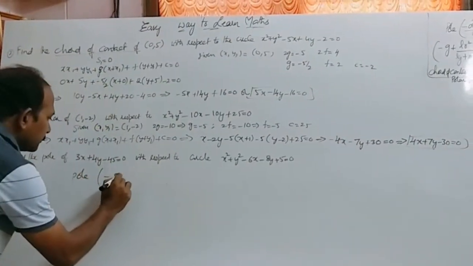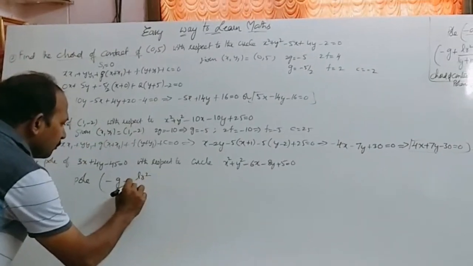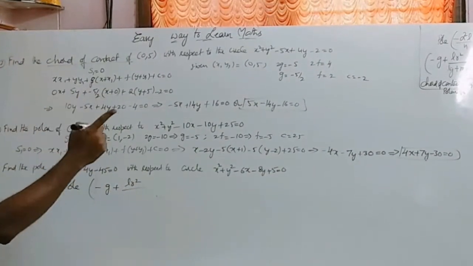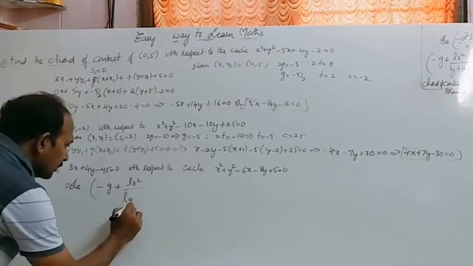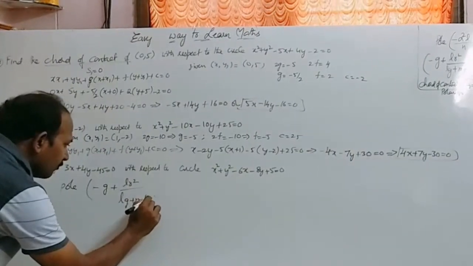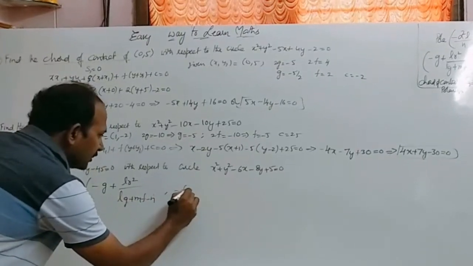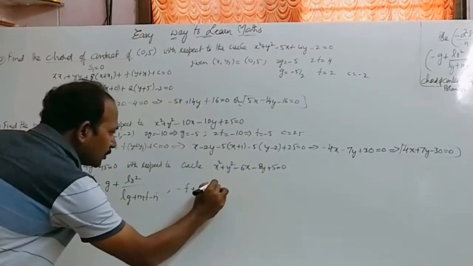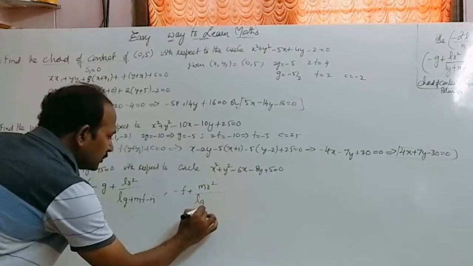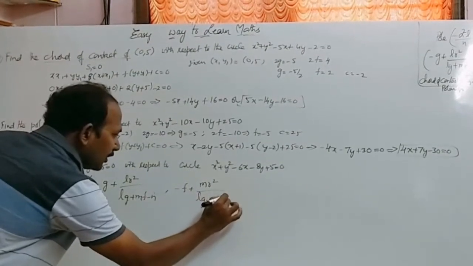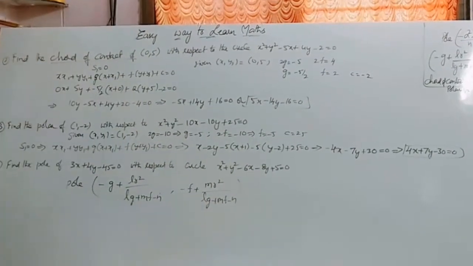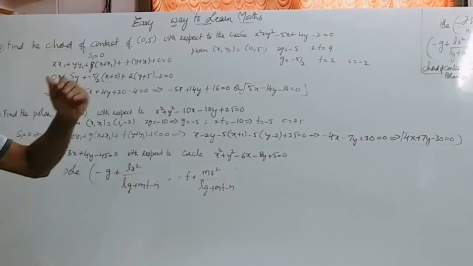Minus g plus L r square by Lg plus mf minus n comma, x coordinate, then y coordinate, minus f plus m r square by Lg plus mf minus n. It is the formula to find the pole.